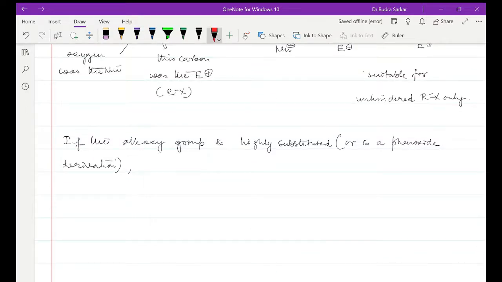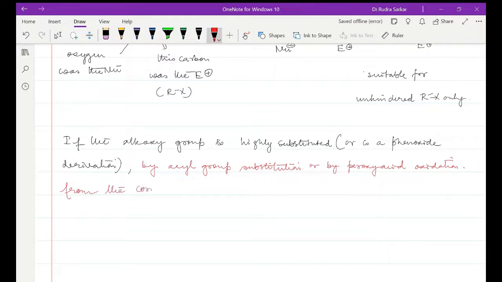But out here these types of esters should be prepared by acyl group substitution, or by peroxy acid oxidation from the corresponding ketone.